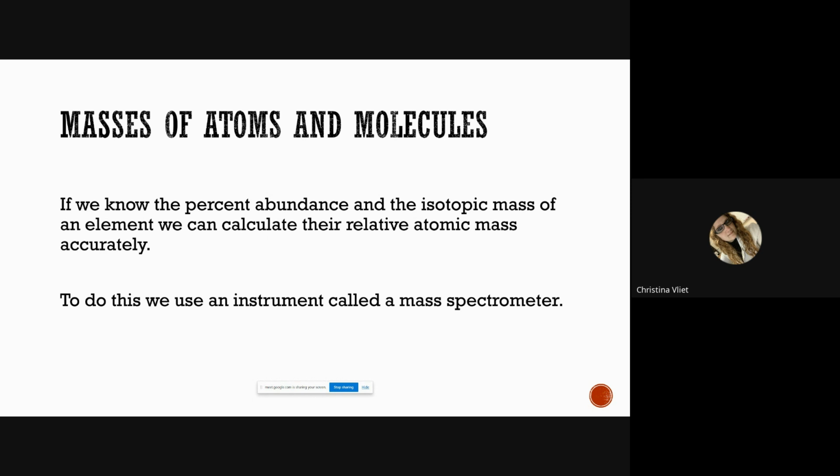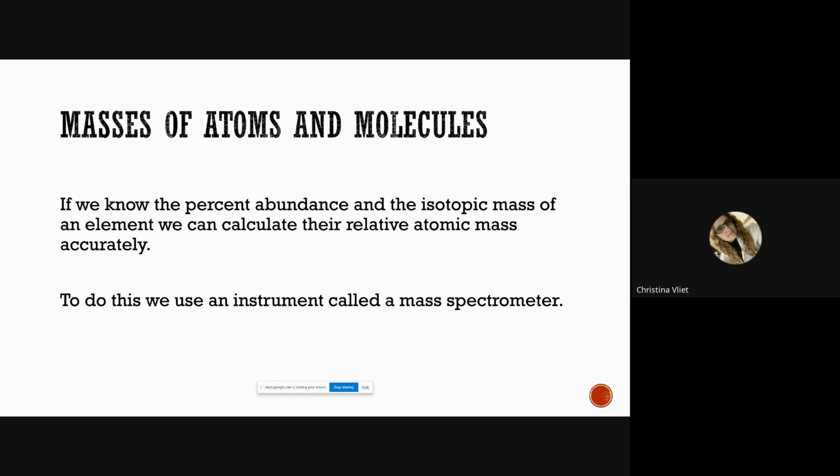Well, we have a formula for that, and it's a formula you may be familiar with. They're able to determine this with a machine called a mass spectrometer. We're going to talk about the mass spectrometer later this year when we get to organic chemistry because it's going to do more for us. But one of the things it can do is identify, in a sample of an element, you put it through the machine and it tells you what percent of that element is of each isotope.